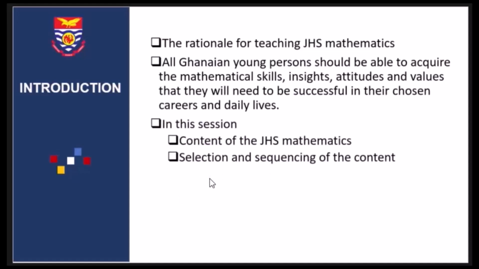So this session is based on that, and we shall be looking at the content of the JHS mathematics, the subject matter that we are to treat at the JHS level, how the selection and sequencing of the content were done, and if possible, we justify why those selection and sequencing were done.